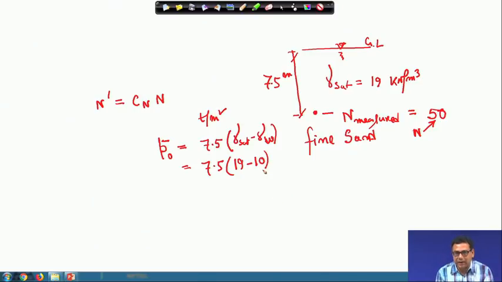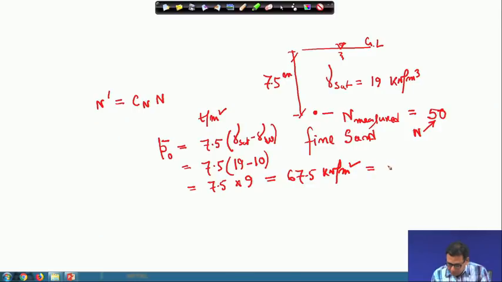We are assuming 10; you can consider 9.81 also, but in most cases in this course I will consider 10. So, this will be 7.5 into 9, which is 67.5 kilonewton per meter square. In terms of ton, this will be 6.75 ton per meter square.